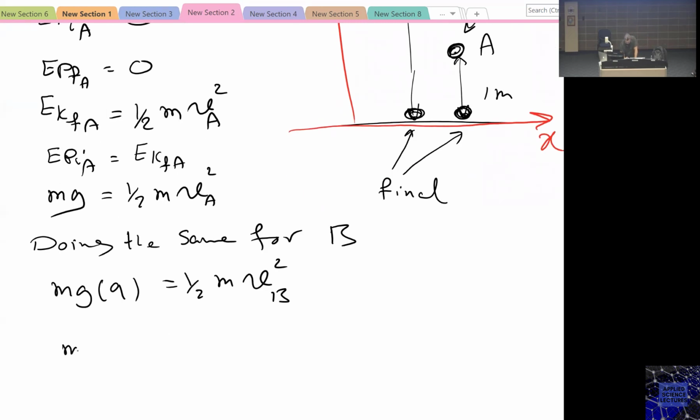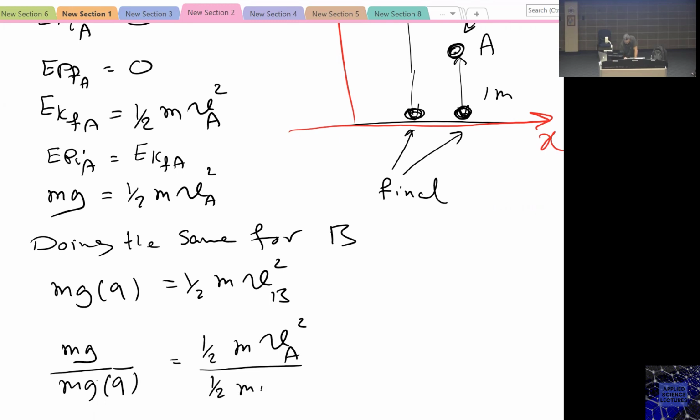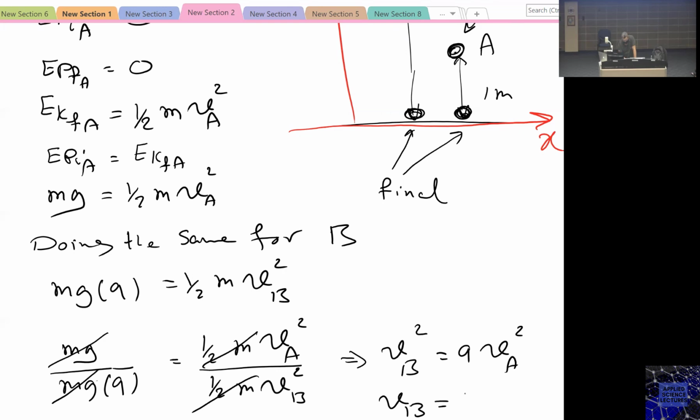You get mg over mg9 equals to half m vA squared over half m vB squared. mg is going to cancel, half m is going to cancel, so you end up with vB squared equals to 9 vA squared. Right? Or vB is 3 vA.